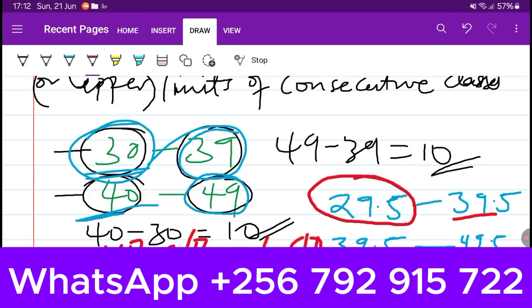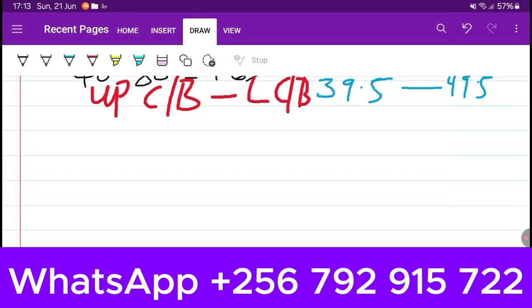So we take 39.5 minus 29.5. It also gives you a 10. And that 10 is going to be our class interval, or what you call the class width or class length, because it is just the distance between the lower class limit of the consecutive classes.